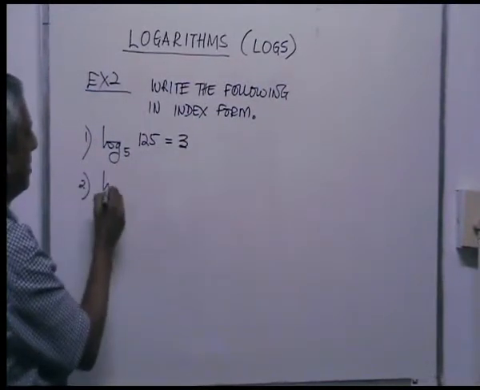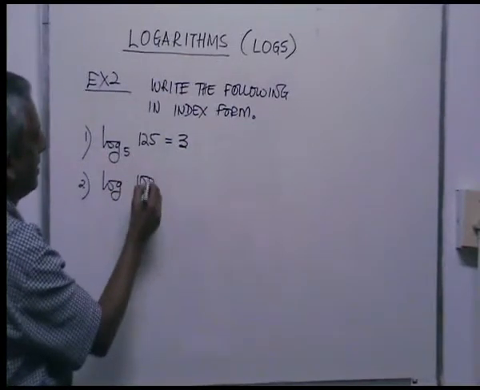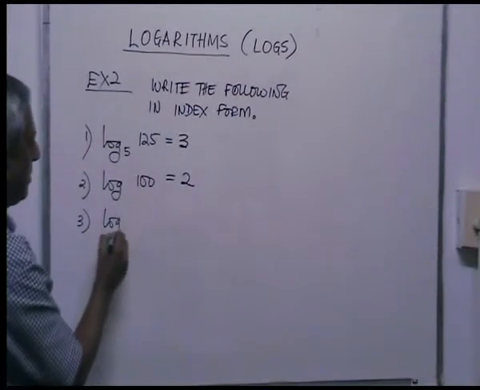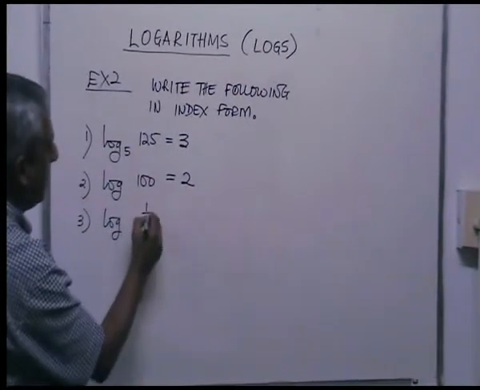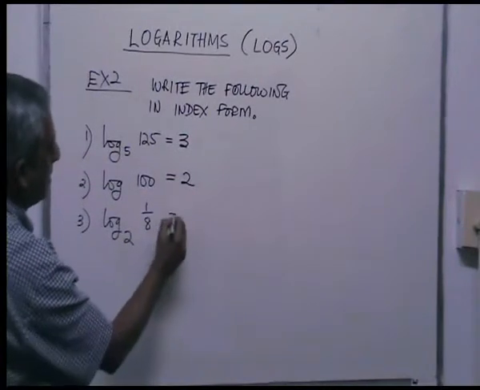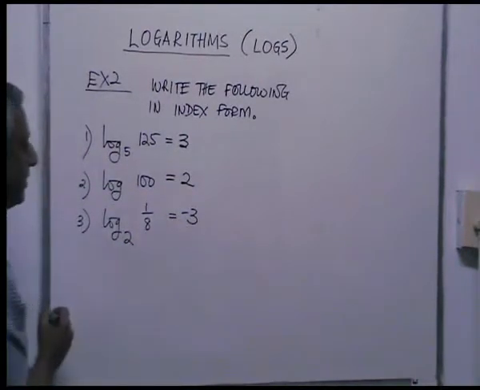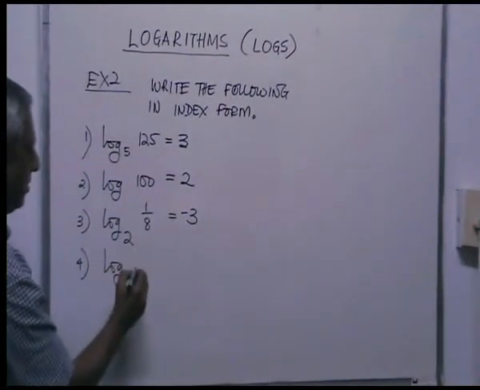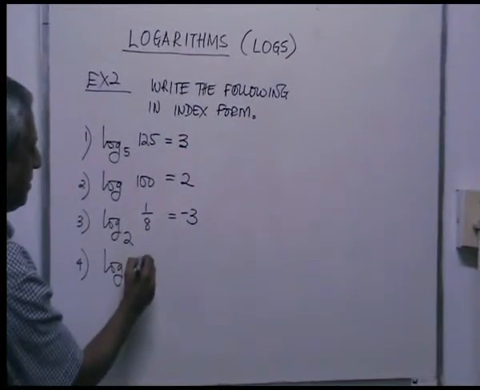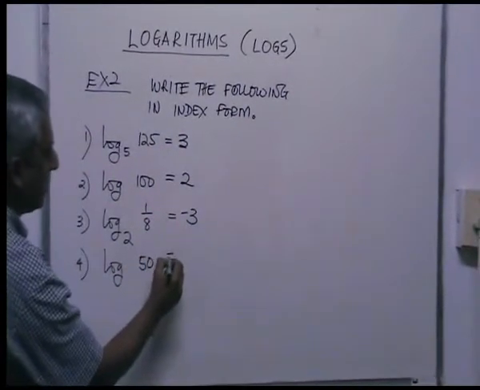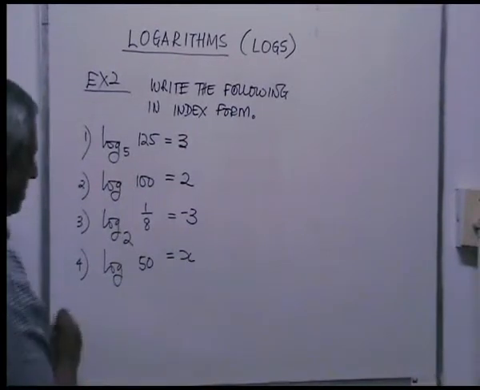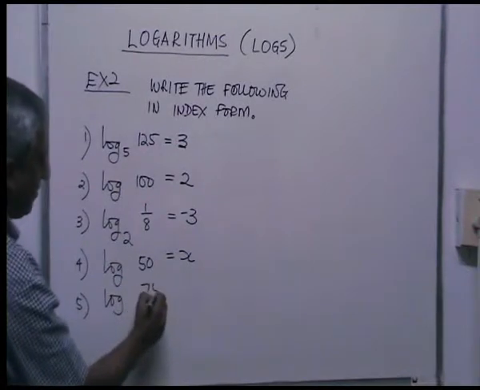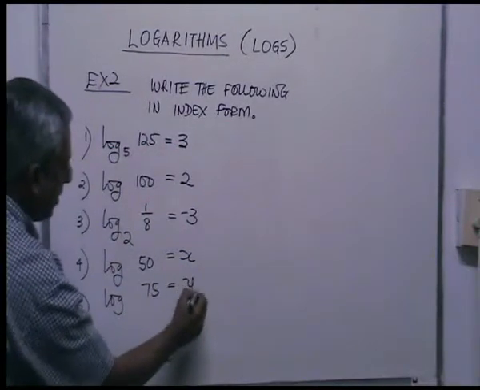Number 2, the log of 100 is equal to 2. Number 3, the log of 1/8 to the base 2 is equal to minus 3. Number 4, the log of 50 is equal to x. Number 5, the log of 75 is equal to y.